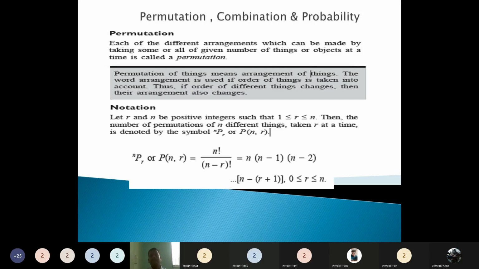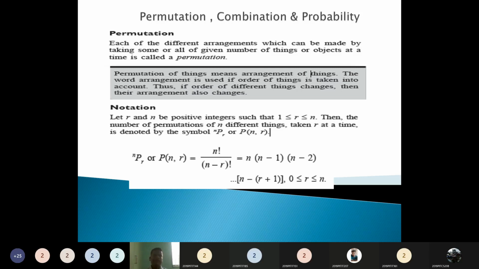Thus, if the order of different things changes, then the arrangement also changes. So that is the permutation from particular objects, taking a certain number of objects at a time, selection and arrangement. Selection and arrangement come under permutation.